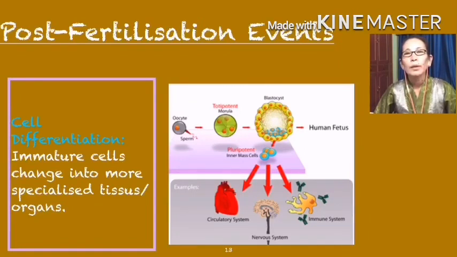Now, as shown here, some of the embryonic cells can give rise to different types of tissues or organs, such as heart, nerve cells, or blood cells, or skin cells, muscle cells, etc.